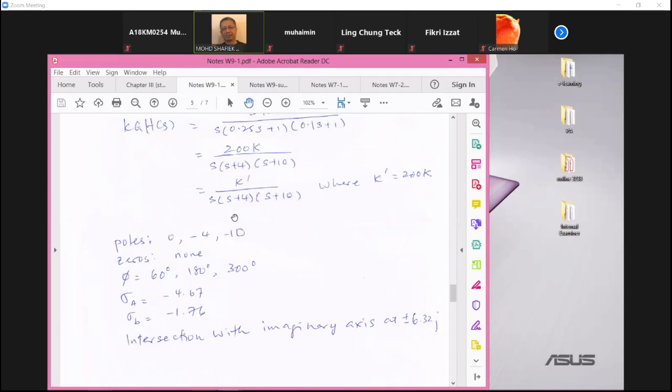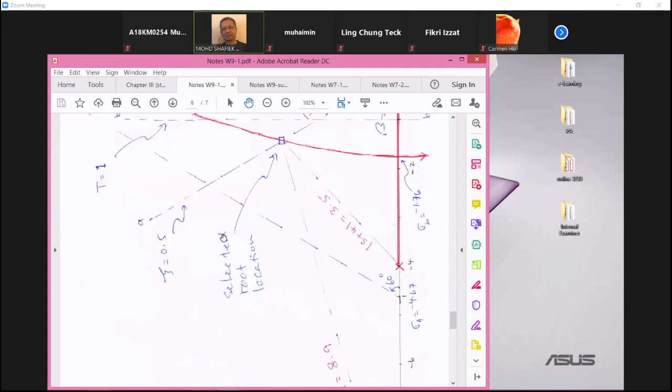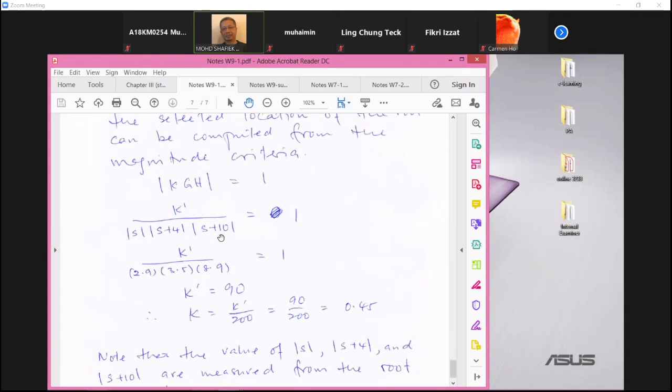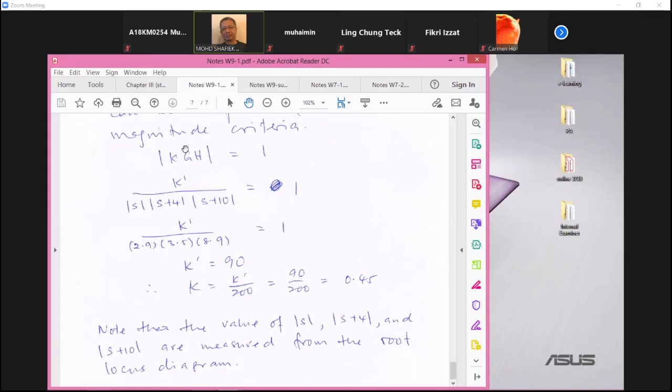So the magnitude of that is the magnitude of K prime, over the magnitude of s, the magnitude of s plus 4, and the magnitude of s plus 10. K prime is a constant.